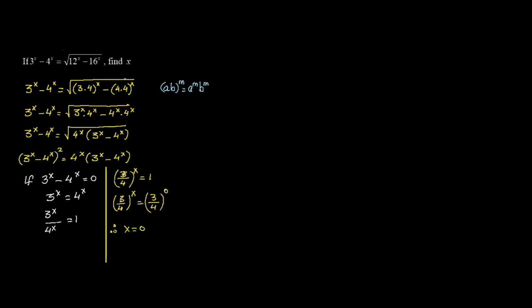That's the first solution. Now coming to the second part of the solution, that is, if 3^x − 4^x is not equal to 0. In that case, the factor gets cancelled. So out of (3^x − 4^x) whole squared, one 3^x − 4^x will get cancelled.